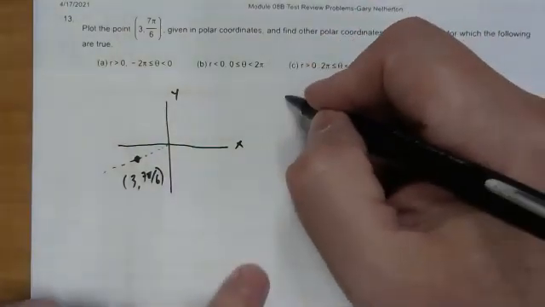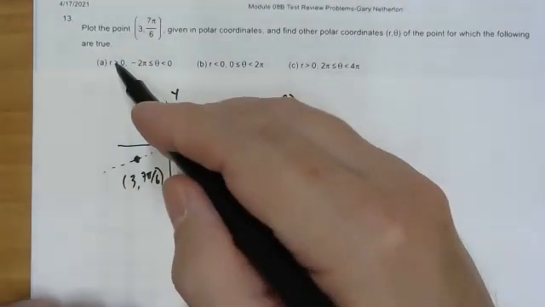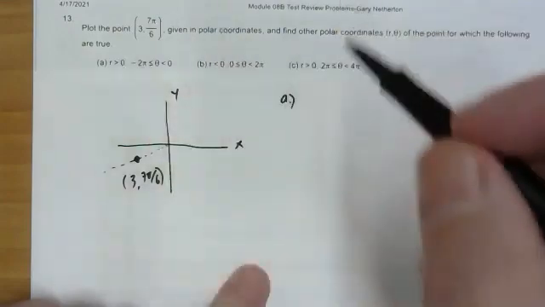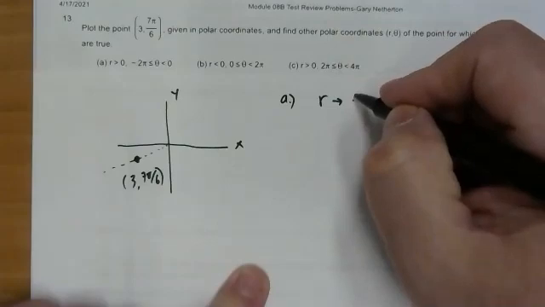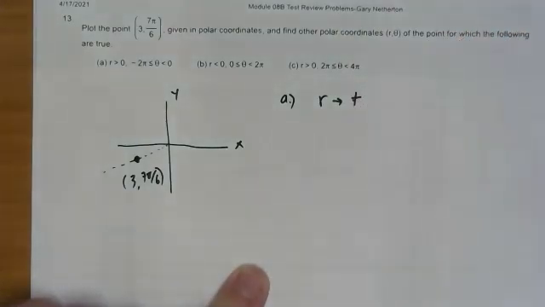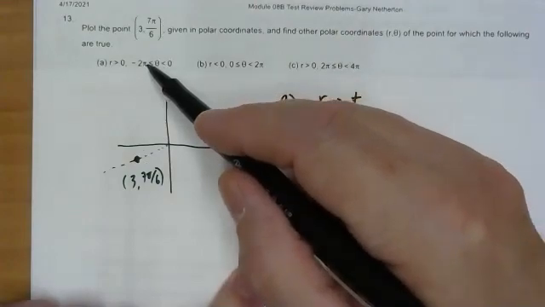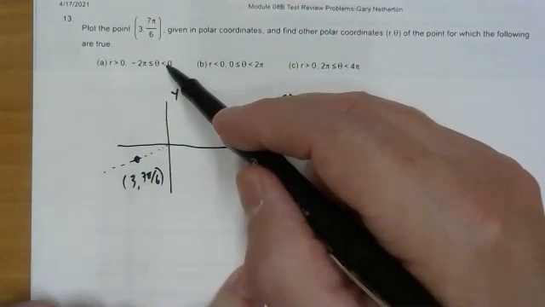In part A, they want us to plot this same point, but now they say r greater than 0. That means r is going to be a positive number. And they want the angle to be between -2 pi and 0.